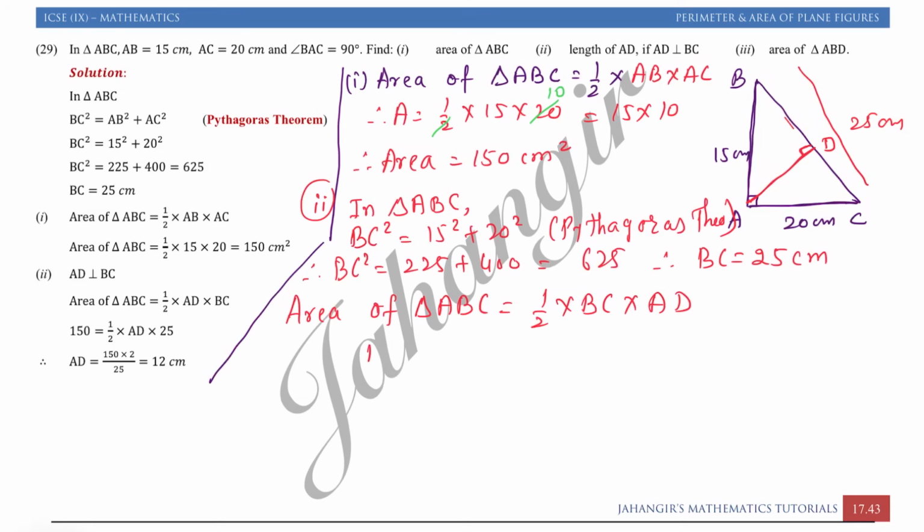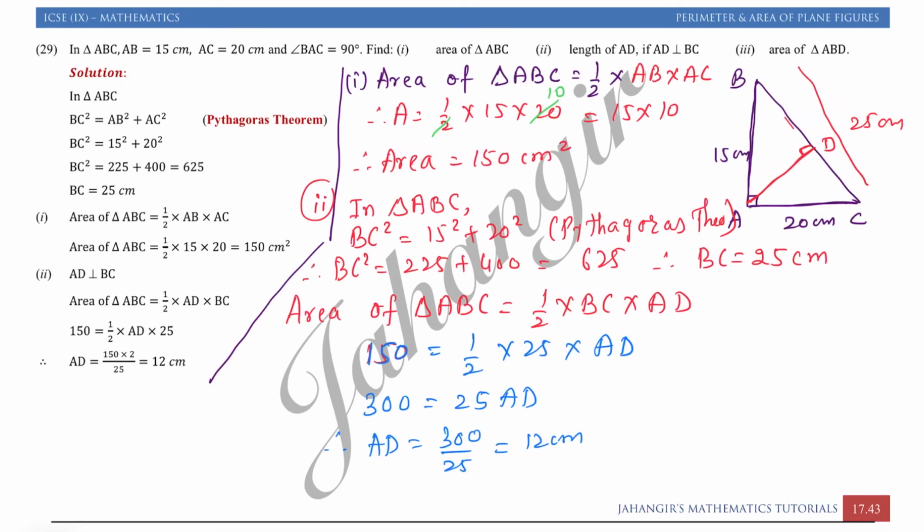The area of triangle we got as 150, that is equal to half into BC, 25, into AD, which is the height. So therefore 150 into 2 is 300 is equal to 25 AD. So therefore AD will become 300 upon 25, which is equal to 12 centimeter. AD is 12 centimeter. Now you have to find the area of triangle ABD.